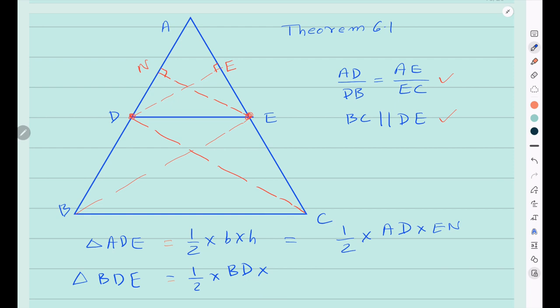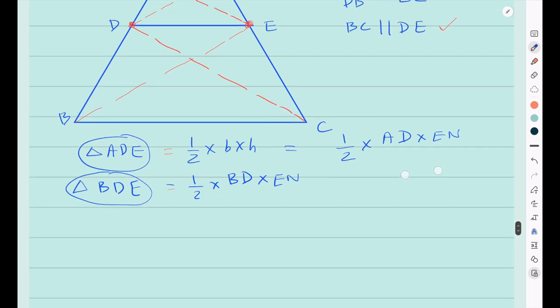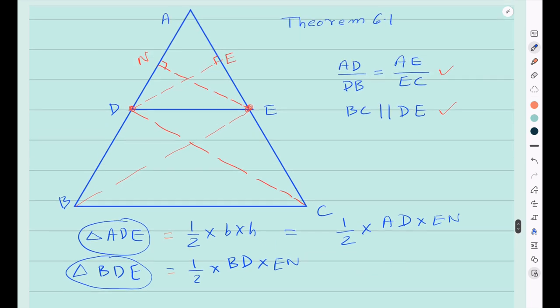And what is the height? The height is again EN, which is not falling inside on this BD, but it is on the same base. Its height is the same, EN. So we have now found the area of ADE and BDE, and we know that the height is the same in both triangles.